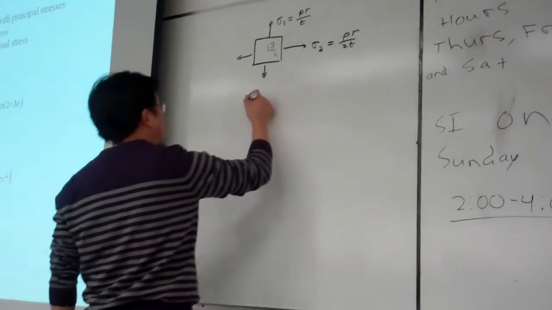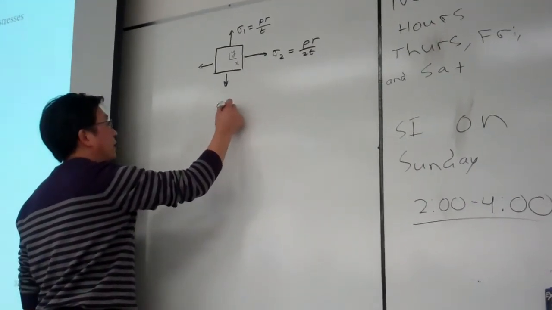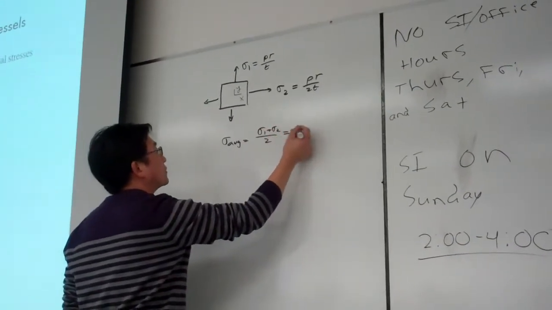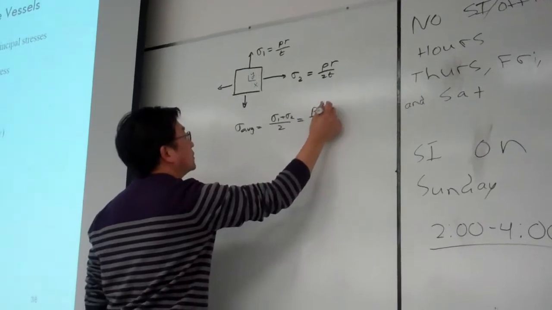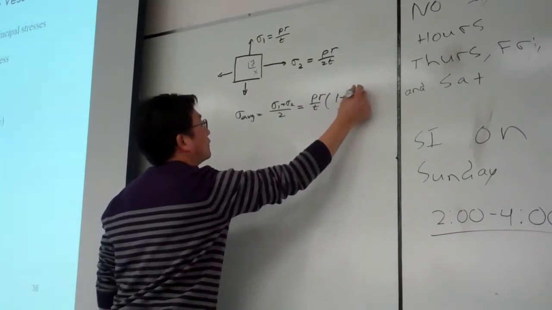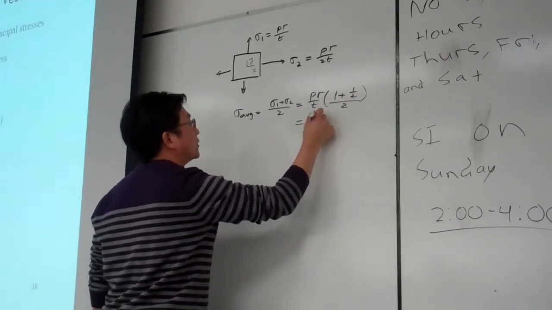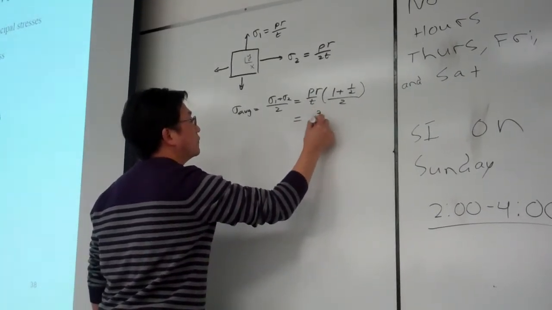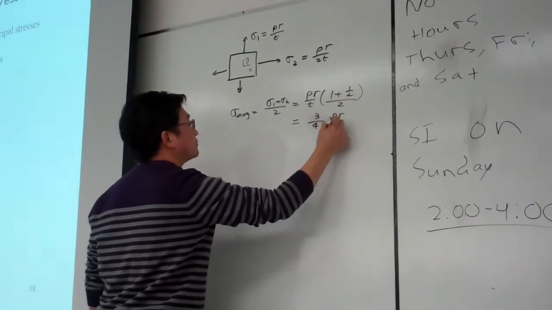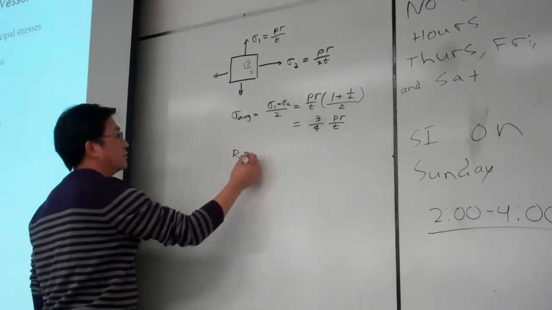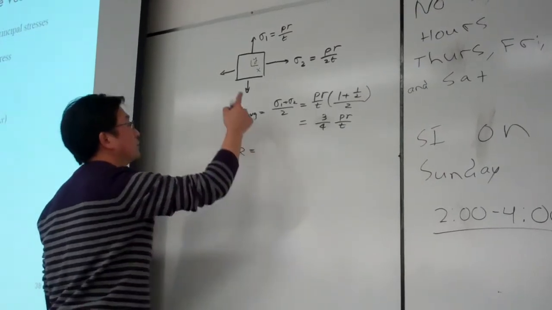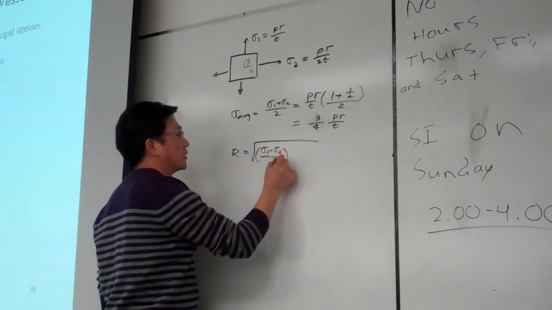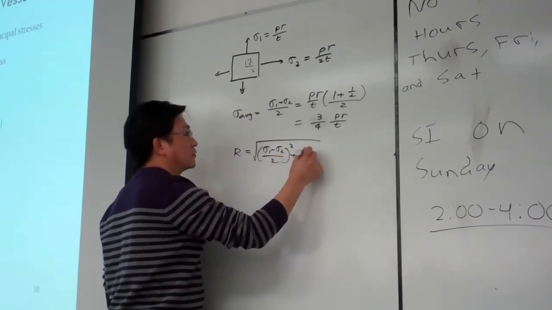For this case, if we want to use Mohr's circle, the average will be sigma 1 plus sigma 2 divided by 2. So that will be PR over T times (1 plus 1/2) divided by 2, which is 3/4 PR over T. The radius, for this case, is the square root of ((sigma 1 minus sigma 2) over 2) squared plus tau xy squared.